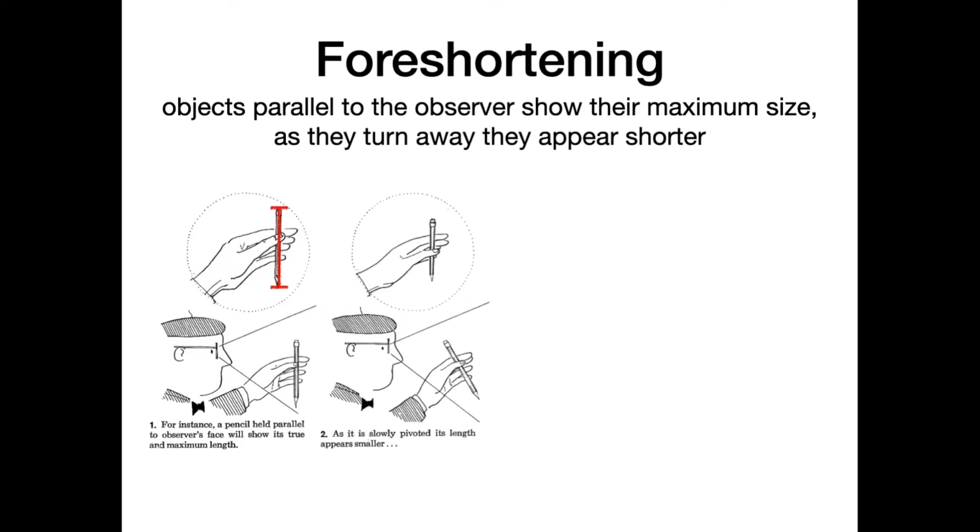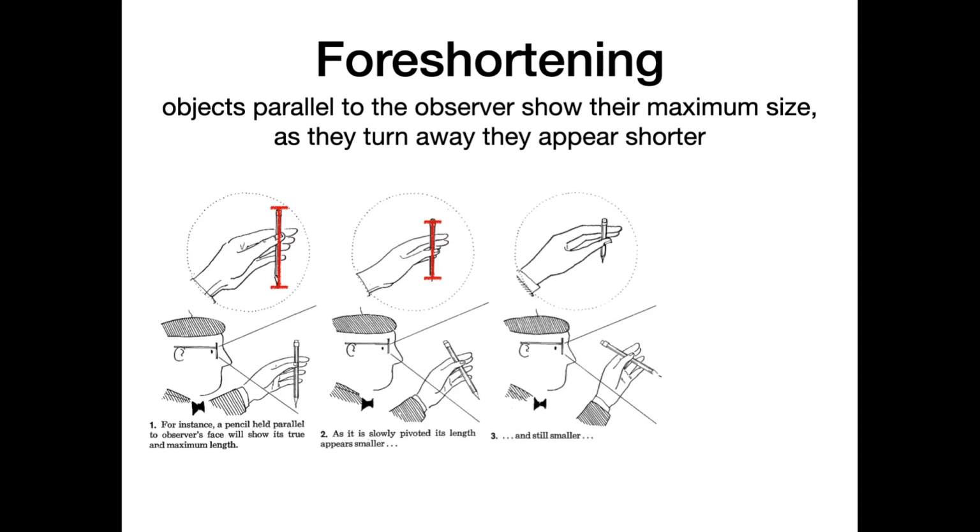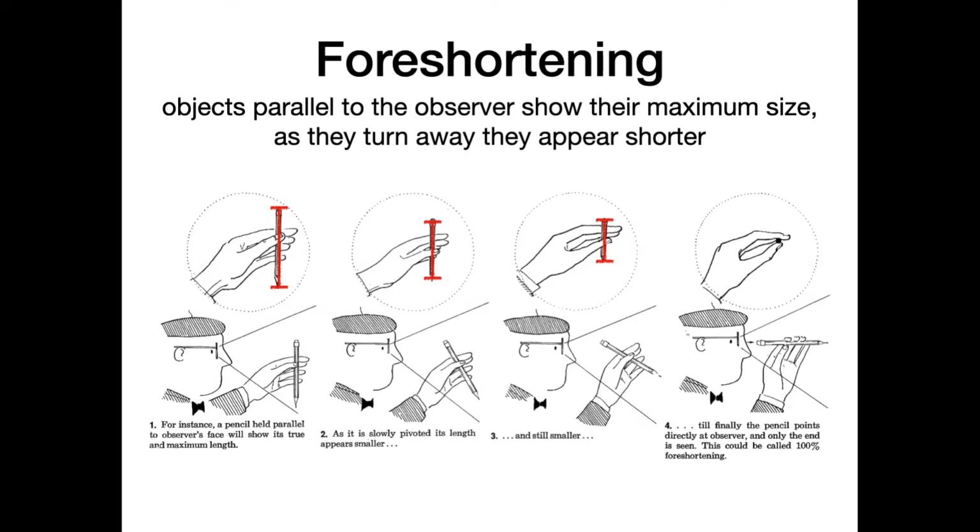But as he turns it away from him, as he rotates that pencil, it starts to appear shorter and shorter. It's not actually getting shorter, but the fact that it appears shorter is called foreshortening. Eventually, if you turn that pencil away enough, all you would see is the dot of the eraser.